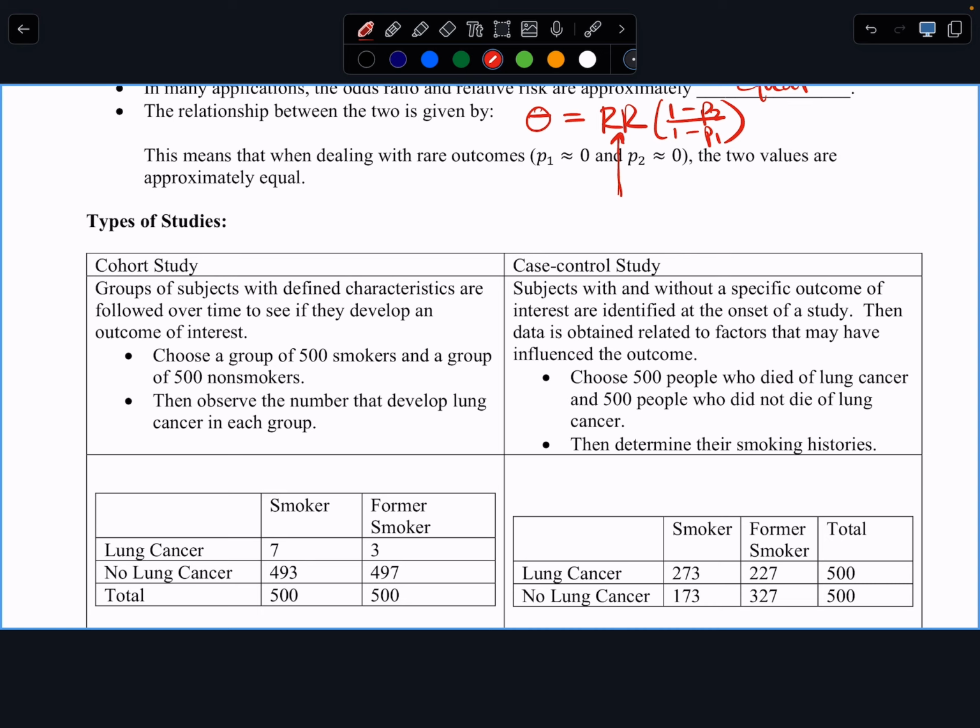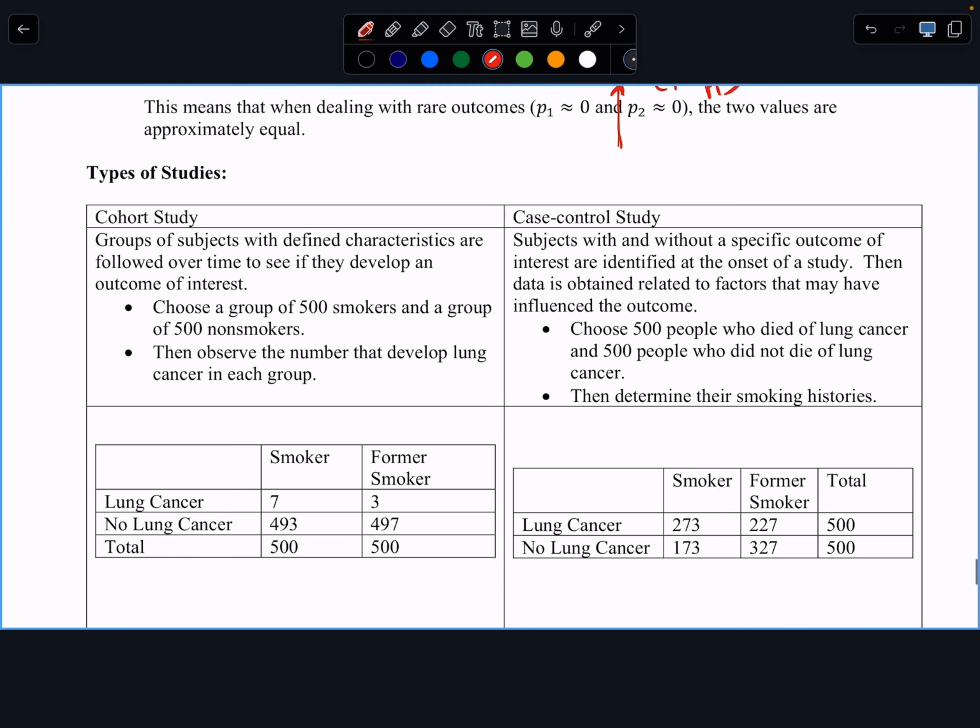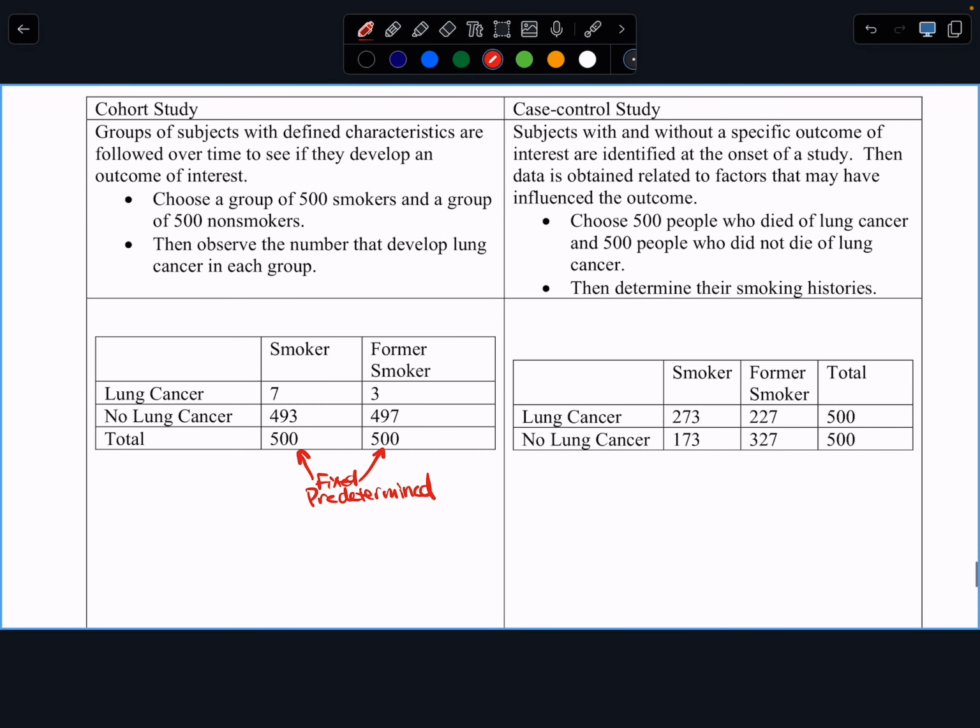So in this type of study, at the onset, we have our cohorts of individuals, right? 500 smokers, 500 folks who stopped smoking. That was fixed or predetermined. And so if we were going to see if these two variables were related, does smoking, being a smoker versus a former smoker, impact your incidence of lung cancer?